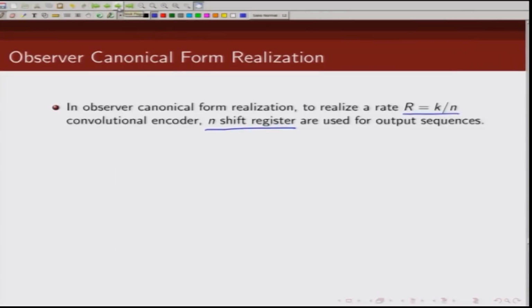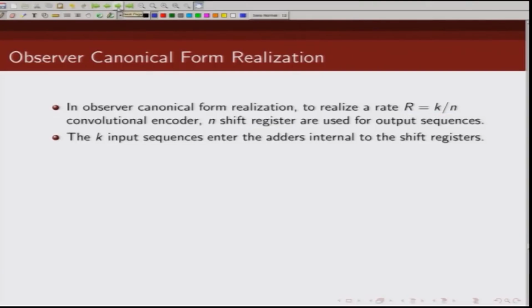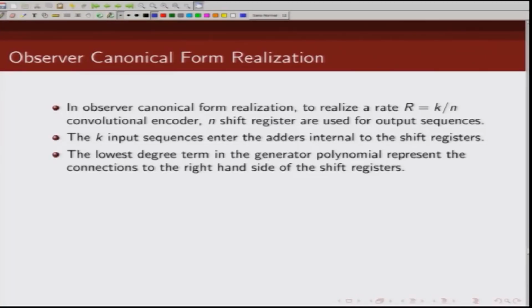Whereas in the observer canonical form realization, these inputs are directly entering into the shift register and these adders are internal to the shift register. We will give an example to illustrate what we mean. The lowest degree term in the generator matrix represents the connection to the right hand side of the shift register. In case of controller canonical form realization, the lowest degree term was on the left hand side. Here the lowest degree term will be on the right hand side.